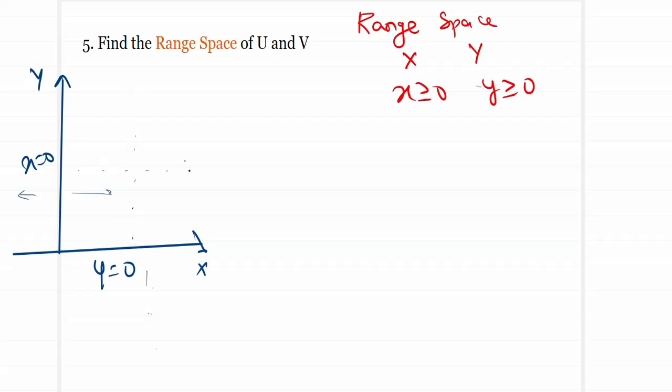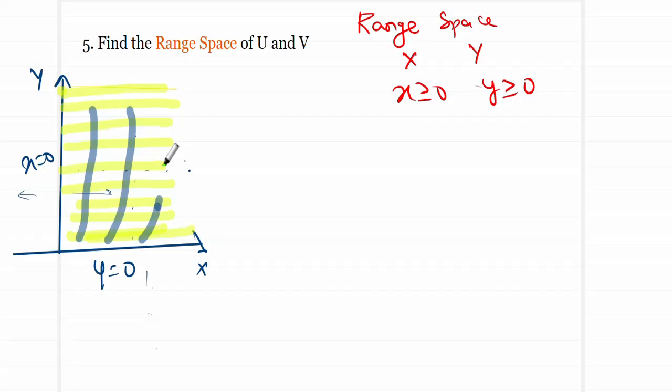So if I move in this way, what is x greater than or equal to 0 and y greater than or equal to 0? This is going to cover the entire space over here in the first quadrant. This is my x greater than or equal to 0, which covers over here. And now when it comes to y greater than or equal to 0, you have it covered in this way.